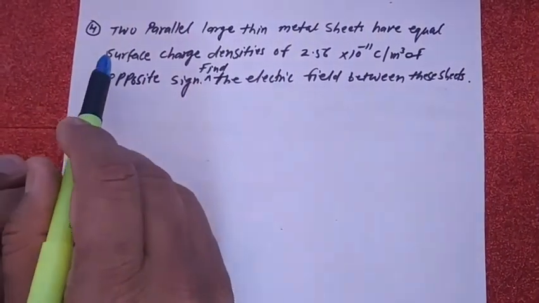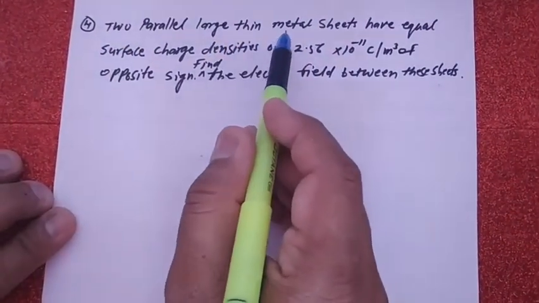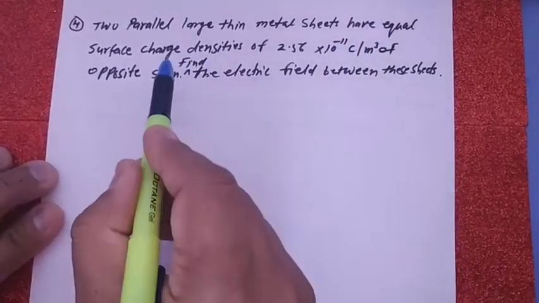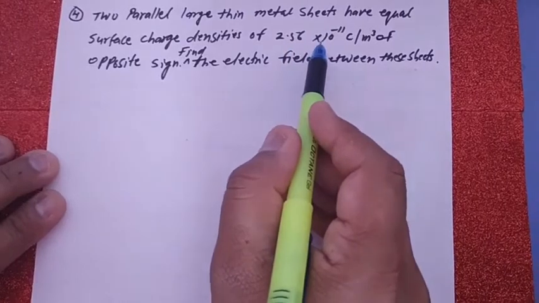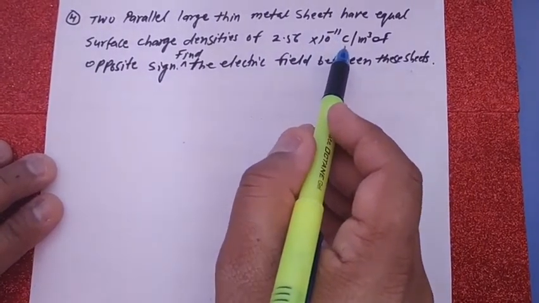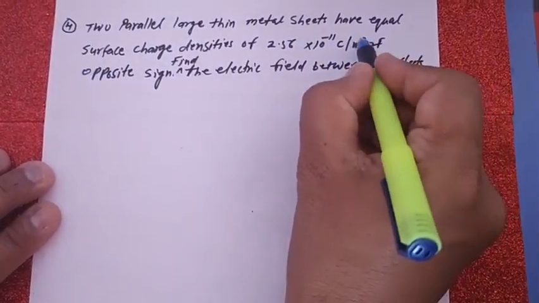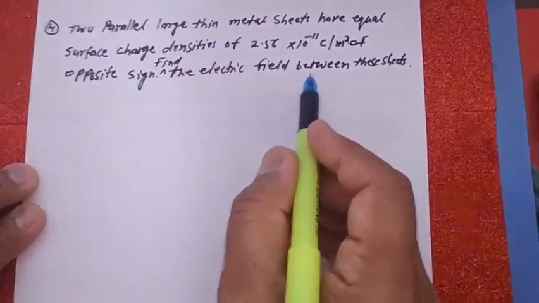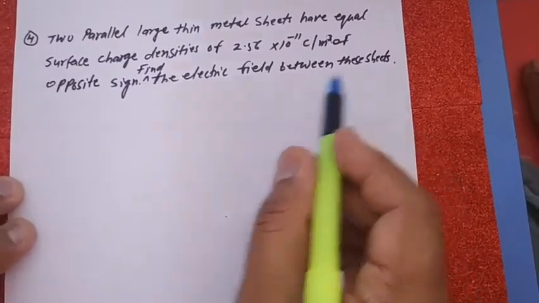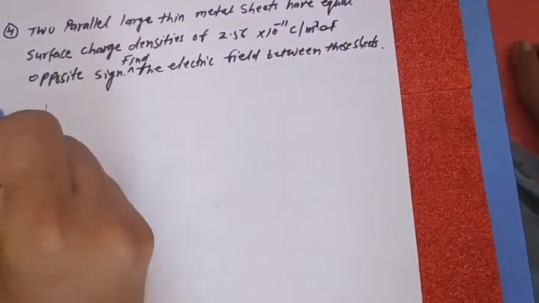Next, numerical number 4. Two parallel large thin metal sheets have equal surface charge density of 2.56 into 10 to the power minus 11 coulomb per meter square of opposite sign. Find the electric field between these sheets. Here what is given?